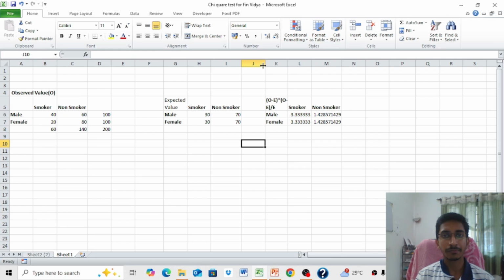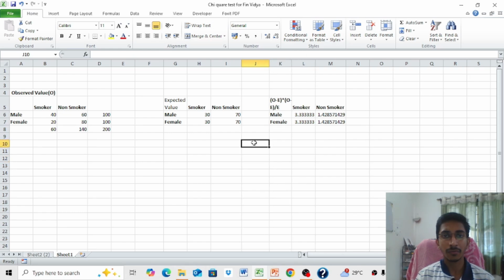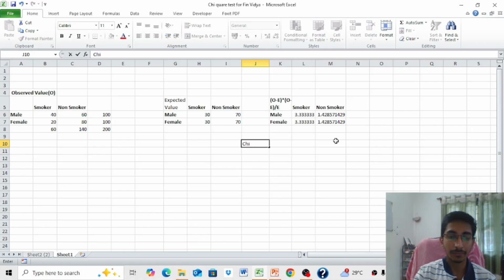So now we sum all the values and we will get the total calculated chi-square value, clear.